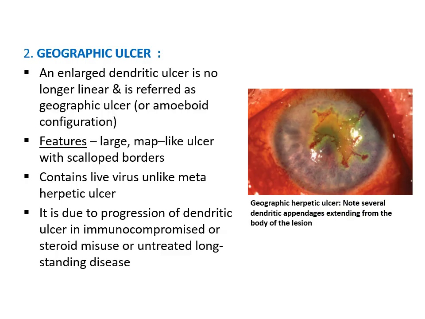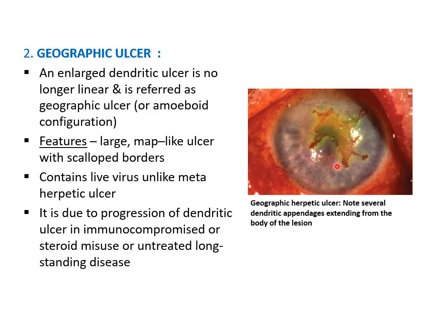Geographic ulcer. So what happens when these different dendrites or branches fuse to each other? The entire overlying epithelium breaks down. There is a large defect with actively replicating virus particles at the edges and a large, amoeba-like ulcer in the center. So geographic ulcer is nothing but an enlarged dendritic ulcer, which looks like this.